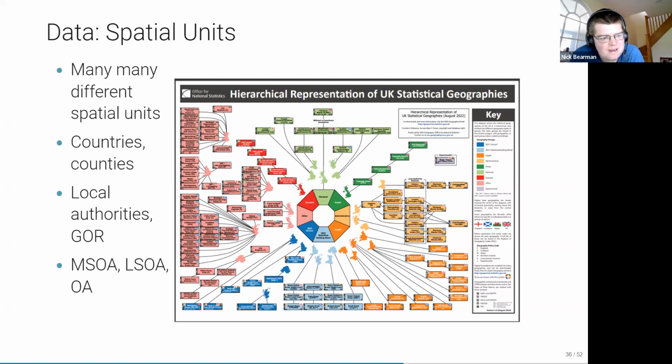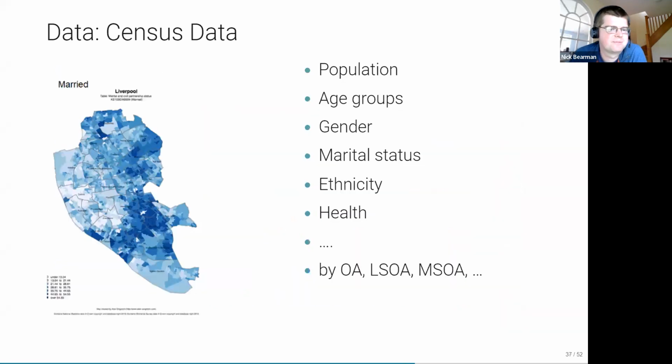Countries is fairly common. Counties is something that we tend not to use a lot in the UK. Local authorities is the kind of nearest equivalent. You get a lot of data at local authority level. Government office region crops up occasionally. MSOA, LSOA, and OA are all census-related units. So if you're working with census data, you'll probably come across those types of units.